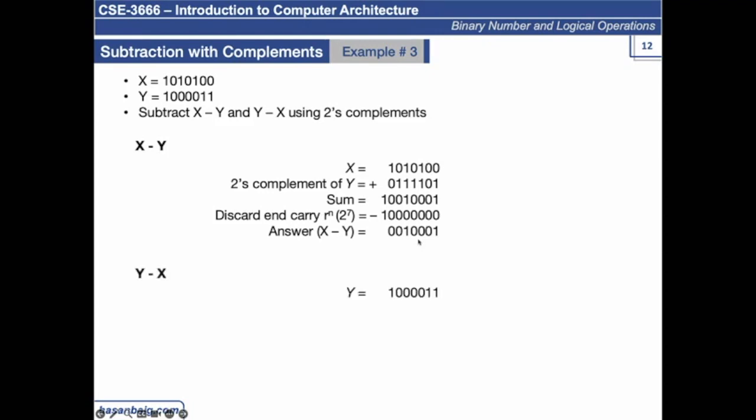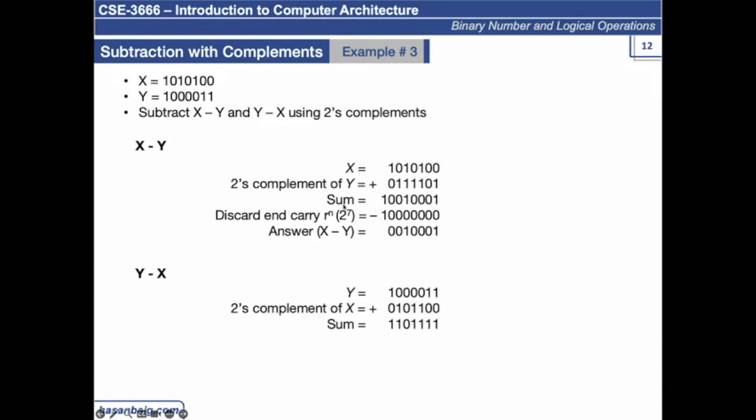Similarly, y minus x. Again, y would be kept the same. We need to calculate the 2's complement of x. How do you calculate 2's complement of x? Keep all the least significant zeros unchanged until the first one, and invert all the bits. Then perform the sum. And when you perform the sum, it represents something.